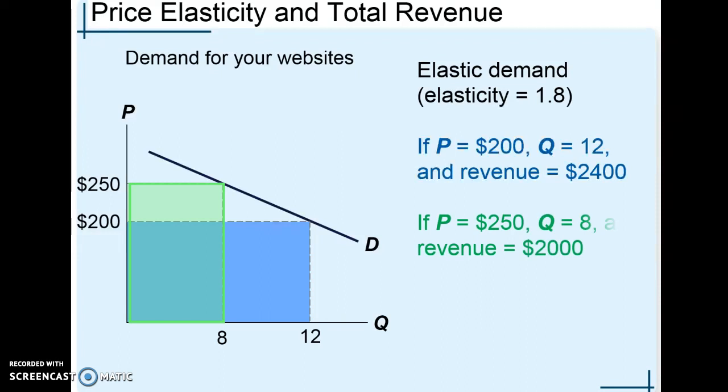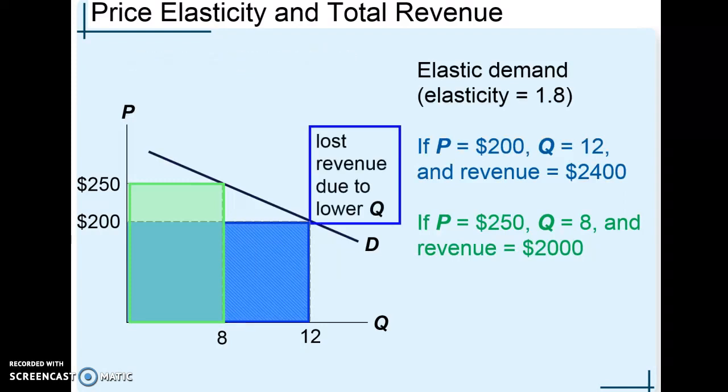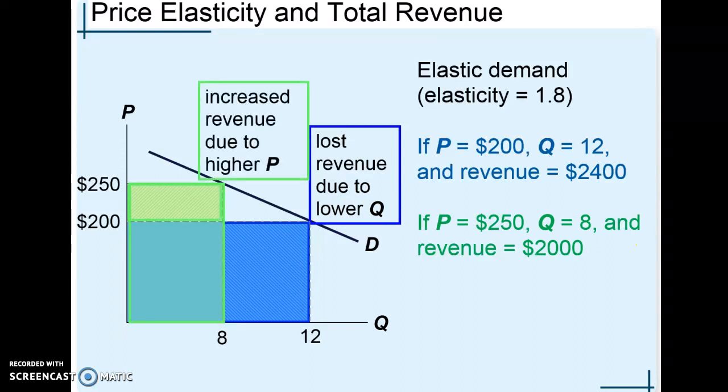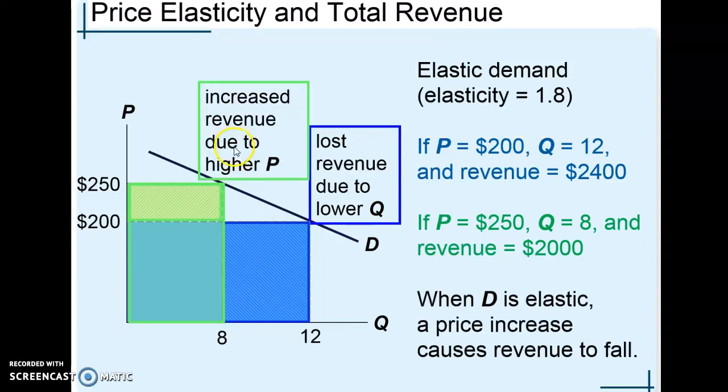So if you're considering price elasticity and total revenue, this part of the graph refers to the lower revenue due to the lower quantity that's going to be sold because you've raised your price. This part of the graph refers to the increased revenue due to the higher price.